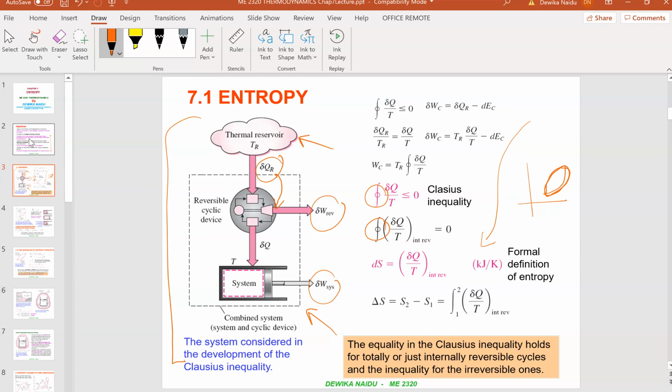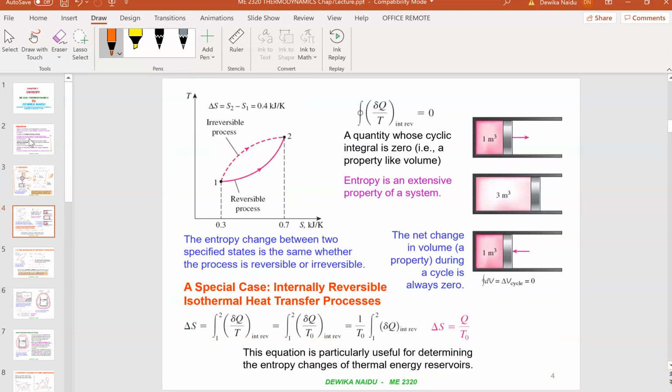So this whole thing is actually to prove that the equality in the Clausius inequality holds for totally, or just internally, reversible cycles, and the inequality for the irreversible ones. So your scope is not to prove the formula but to use them only, so don't have to worry much about proving the formula. Okay, so this is where it's heading to.